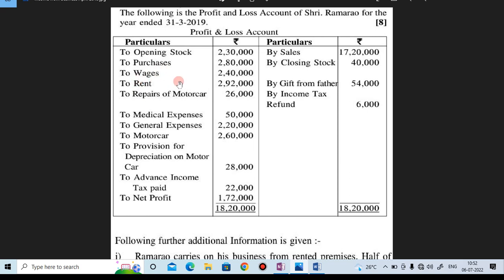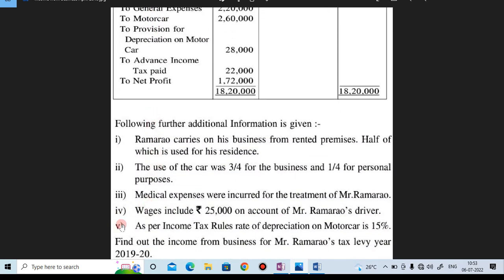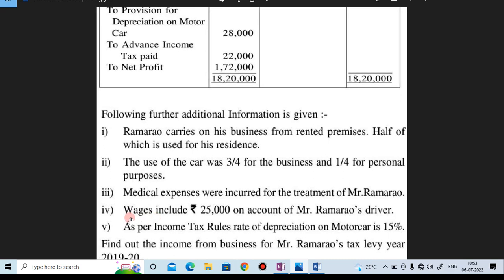Next is wages 2,40,000. Wages are also related to business, but there is an adjustment on wages. Adjustment number 4 says wages include rupees 25,000 on account of Mr. Ram Rao's driver. This 25,000 is related to Ram Rao's personal driver.